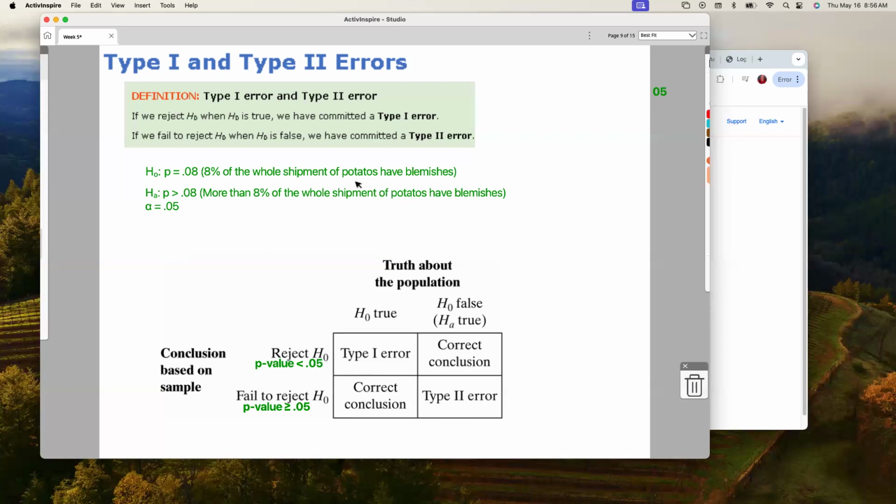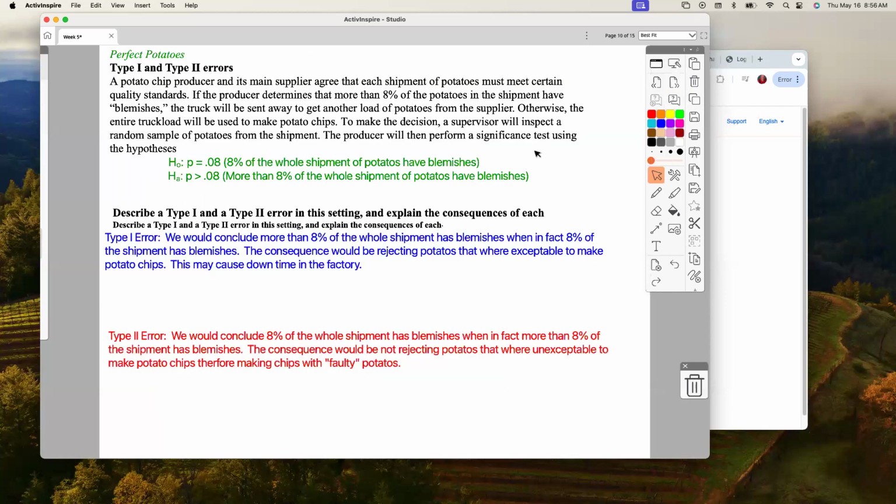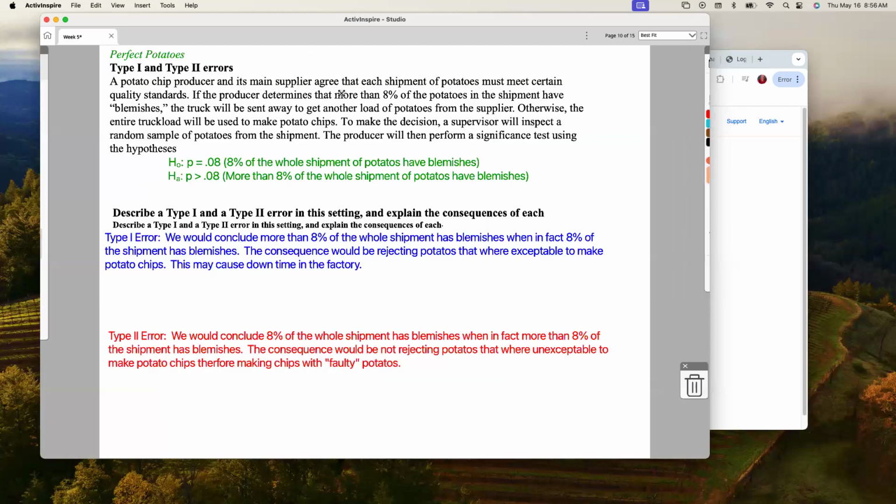So on this next slide, what I want to do is show, when we make this type 1 error and type 2 error, what would be the consequences of making such a mistake. If I move over here, this was the scenario we were talking about in the last video and the hypotheses I had here. Just to review this, a big truck pulls up, and I'm summarizing this.